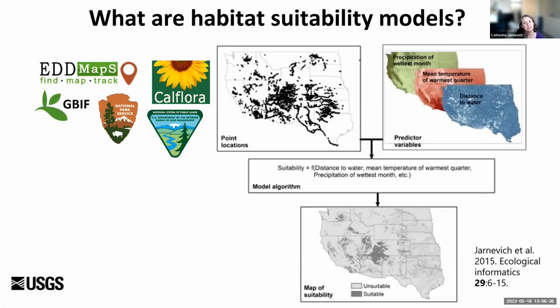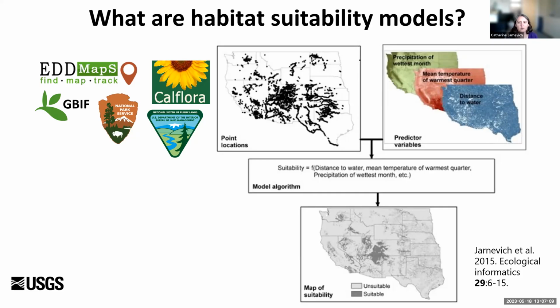So what are habitat suitability models? What do I mean when I talk about this? And so the way that these models are created is that we have occurrence data, and we really rely on great resources like EDDMapS, the Global Biodiversity Information Facility, data sets collected by different agencies for those occurrence information. And so we get data from all of those different databases and aggregate those together.